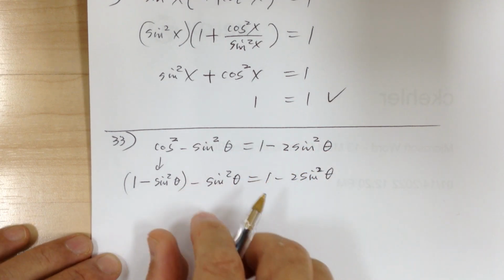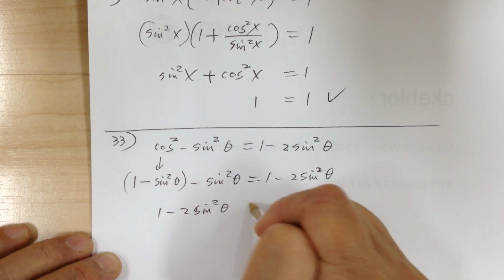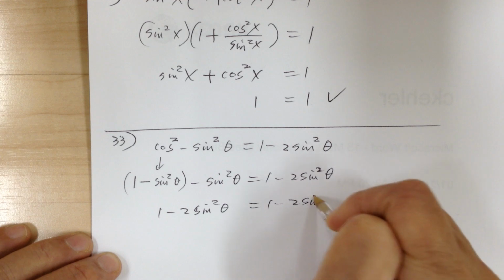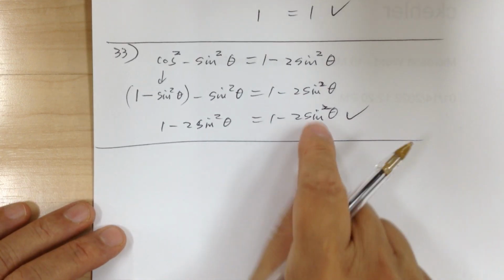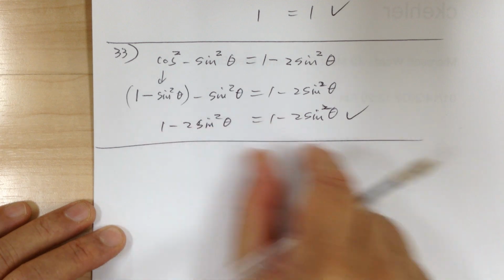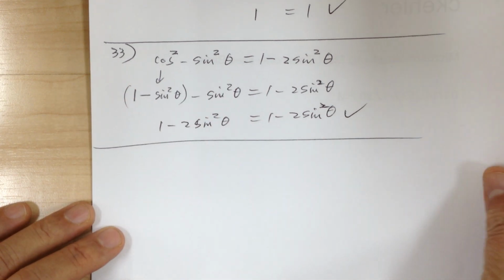And when you simplify this, you're going to get 1 minus 2 sine square theta. And that's it, so check. Again, you have to get the two sides exactly equal to each other, and you put a check mark, which means you proved it. Okay, let's go to the next one.